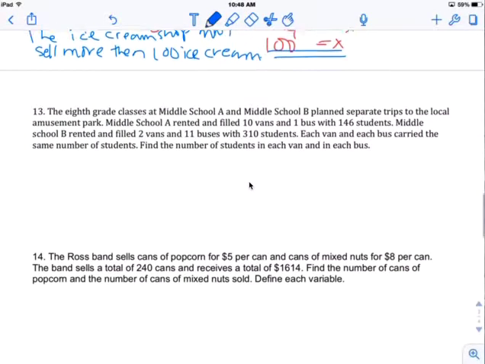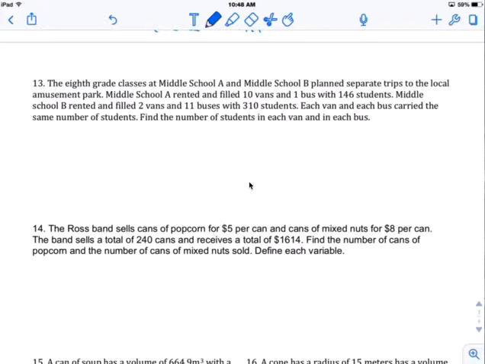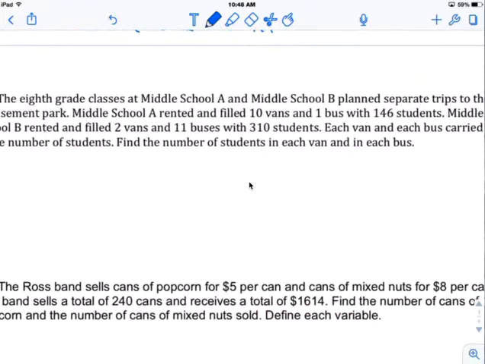Okay, number 13. The 8th grade class at Middle School A and Middle School B planned separate trips to the local amusement park. Middle School A rented and filled 10 vans and 1 bus with this many students.